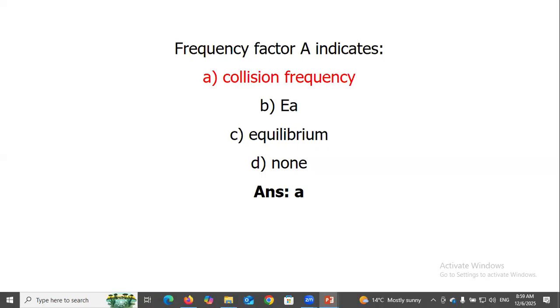Frequency factor A indicates collision frequency, activation energy, equilibrium, none. Correct option is option A, collision frequency.